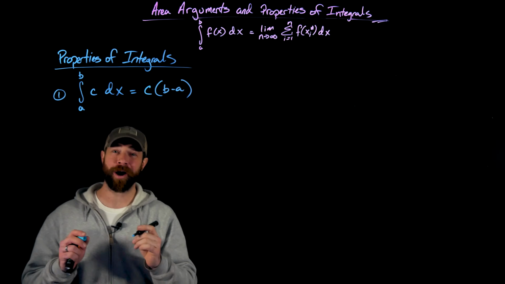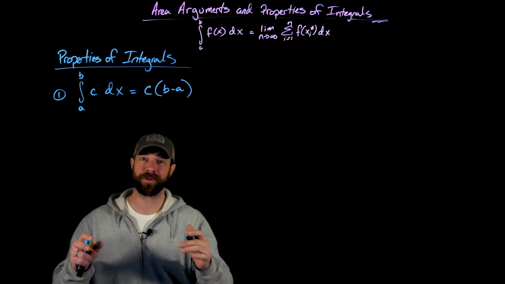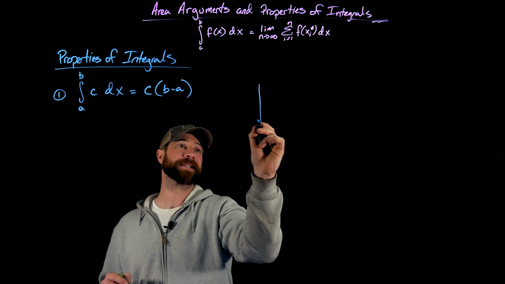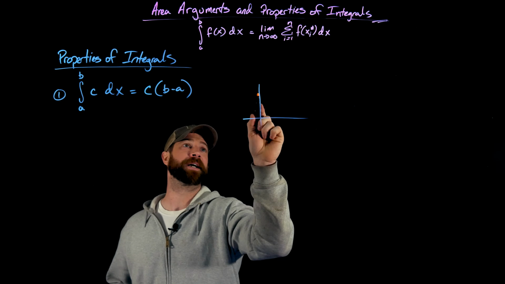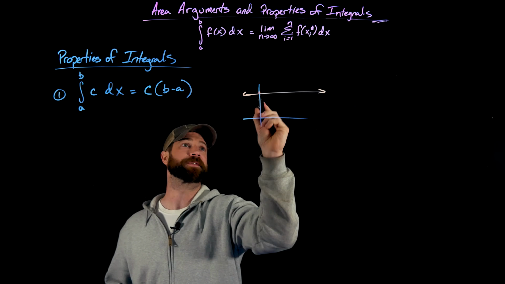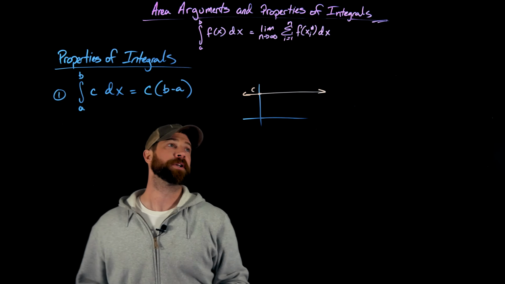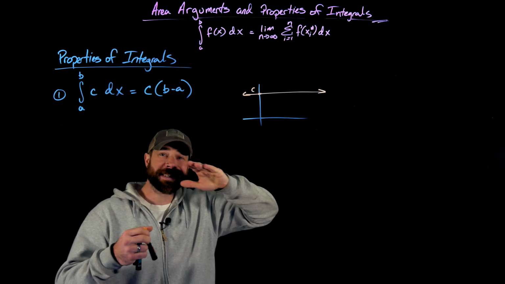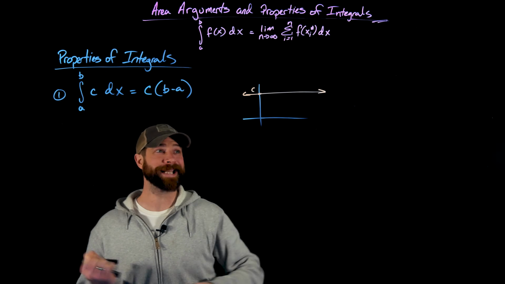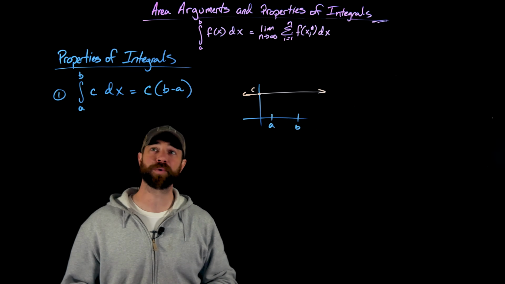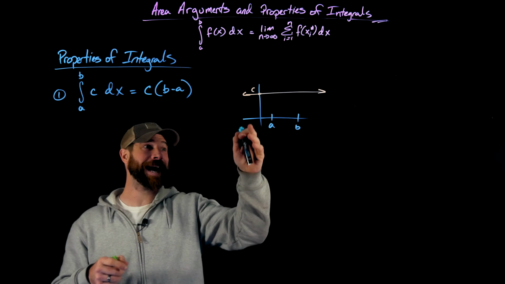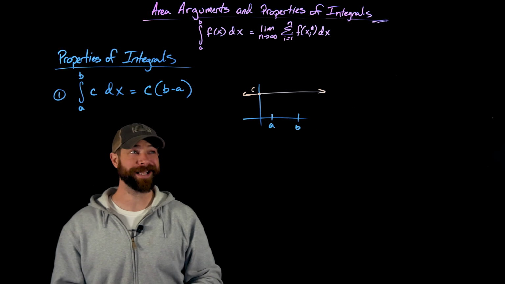Now, that might not be obvious just by looking at it, but let's think about what this is. So a constant function is not that interesting. We'll choose to visualize a positive constant here. It works for both positive or negative. So we have this function that is the same value no matter what. We're looking at an interval a to b here, and this integral is going to calculate the area under this curve between these two.